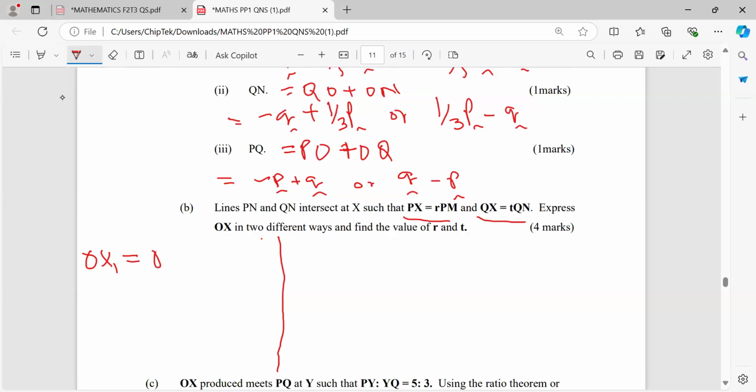So OX equal to OP plus PX. OP tunasema ni P. PX tunasema hapa ni RPM.